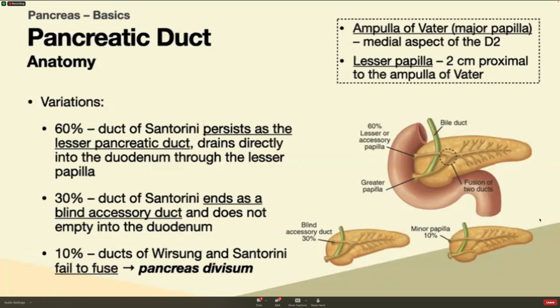In 30%, the duct of Santorini ends as a blind accessory duct. And in 10%, the duct of Wirsung and Santorini fail to fuse, and this is called the pancreas divisum. So in pancreas divisum, the bulk of the pancreas, meaning the body and tail, is being drained by the duct of Santorini, which predisposes the patient to episodes of pancreatitis.